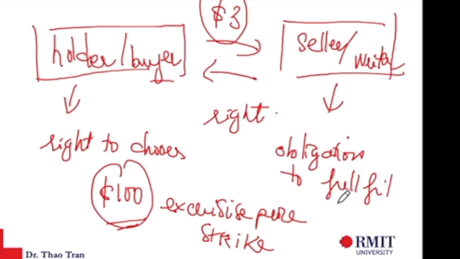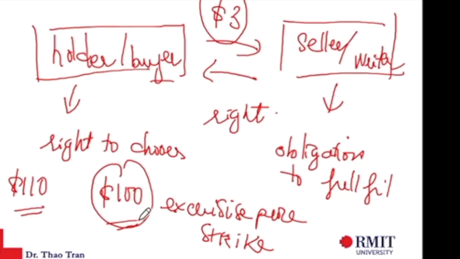Now, what happens if at the expiration date, let's say after 7 months, the spot price, the market price of the financial calculator, increases to 110? What would I do? Should I exercise the option or not? Of course, I will choose to exercise the option, right? Because if I exercise the option, I can buy the financial calculator at 100. If I buy in the market, I need to pay 110.